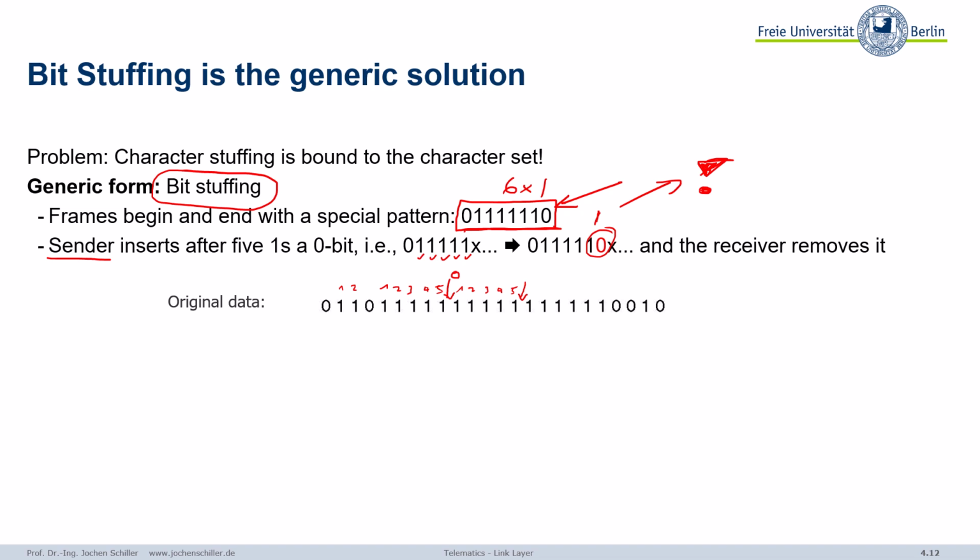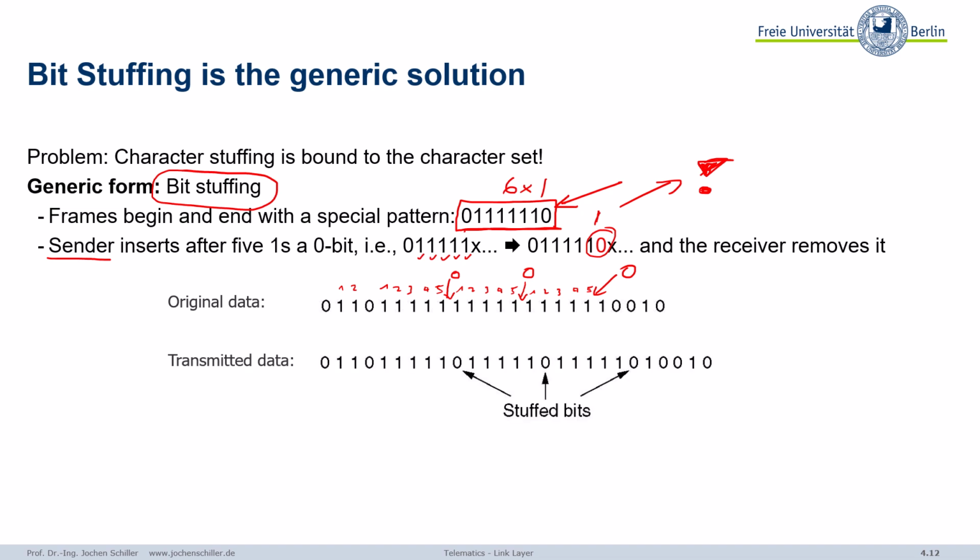Assuming this is the payload, 0 here. 1, 2, 3, 4, 5. Again, a 0 here. So the transmitted data looks like this. So we simply squeeze in a 0 after 5 ones. So these are the stuffed bits.